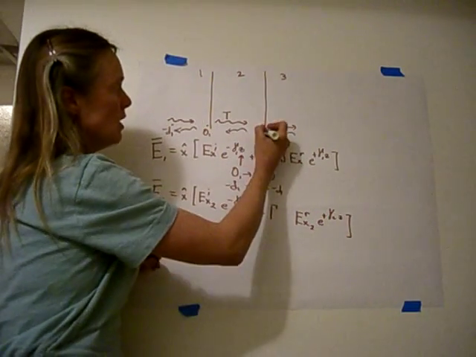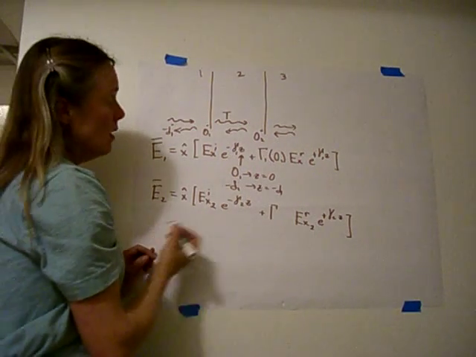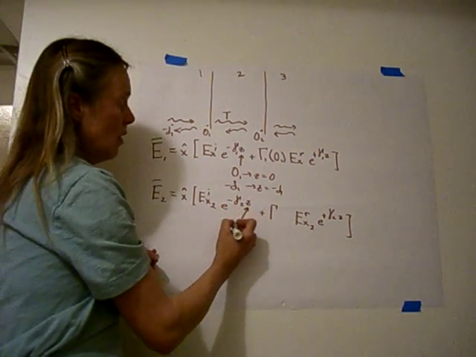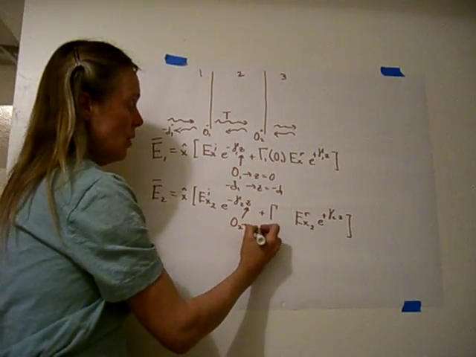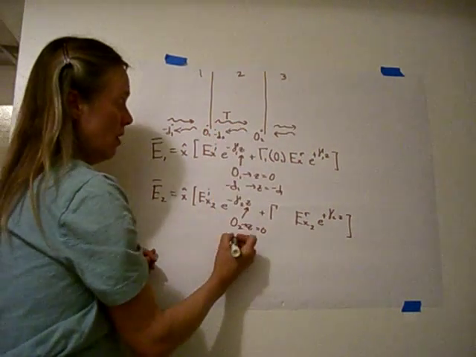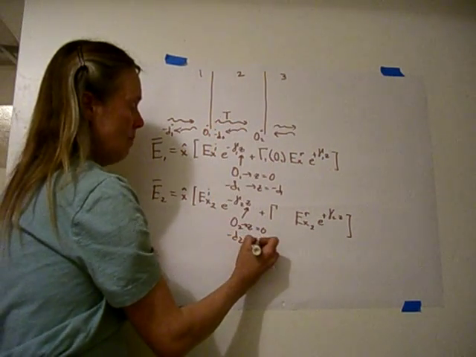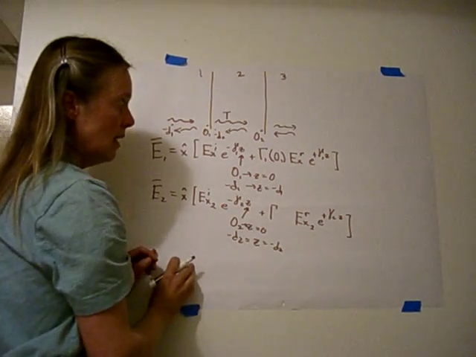Now remember, in region number 2 we had an origin over here at O2. So if we want to know the field at O2, then I put in z equals 0. If I want to know the field over here at minus d2, I put in z equals minus d2. So that goes in here, that goes in there.